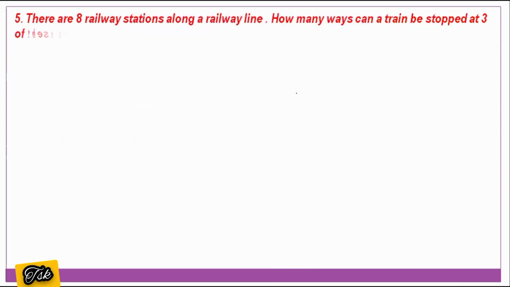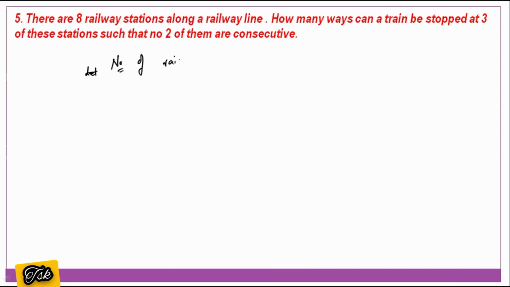There are 8 railway stations along a railway line. How many ways can a train be stopped at 3 stations such that no 2 stations are consecutive? Let the number of railway stations given be 8.